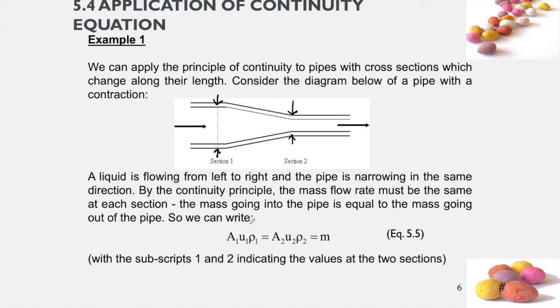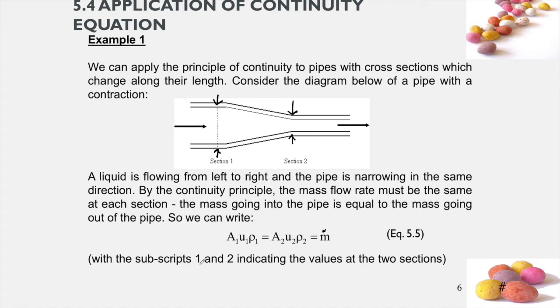A liquid is flowing from left to right. So these arrows represent the flow of the fluid from left to right. And the pipe is narrowing in the same direction. By the continuity principle, we know that A1 U1 rho 1 equal to A2 U2 rho 2, where this is the equation for mass flow rate.